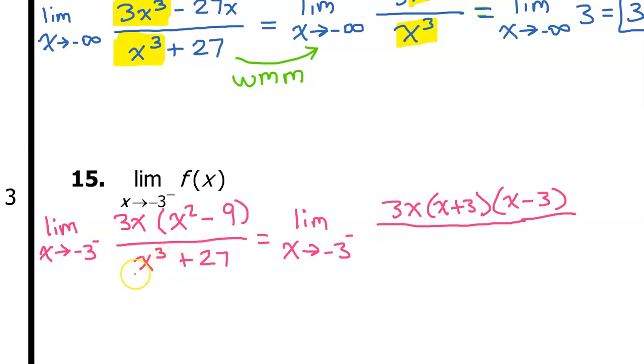The denominator is the sum of two cubes. So hopefully you have memorized that the sum of two cubes, or even the difference of two cubes for that matter, will always factor as a binomial times a trinomial, 2 terms and then 3 terms. The binomial is just the cube root of these 2 terms. So the binomial will just be x plus 3.